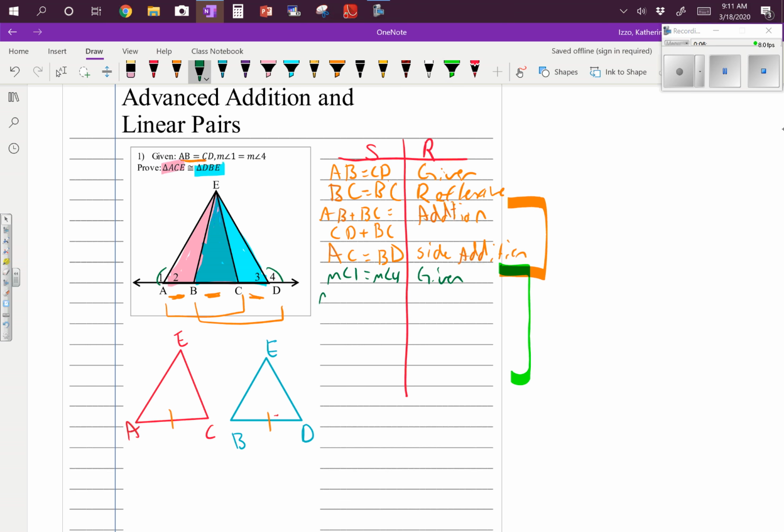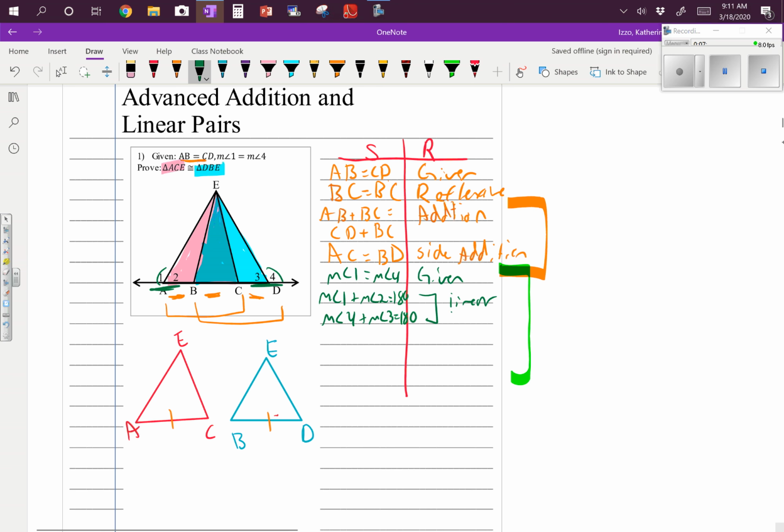So measure angle 1 matches up with measure angle 2, but we don't say that they equal each other because 1 doesn't equal 2. 1 plus 2 equals 180. And measure angle 4 matches up with measure angle 3. Good job, squirrely. Those are linear pairs.